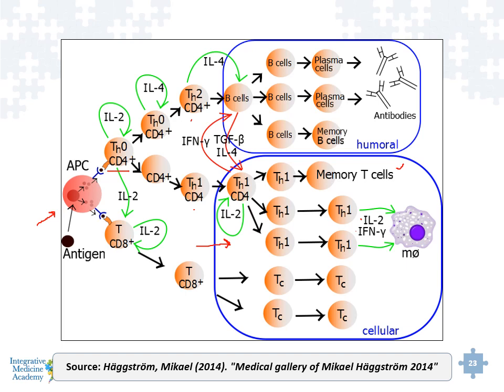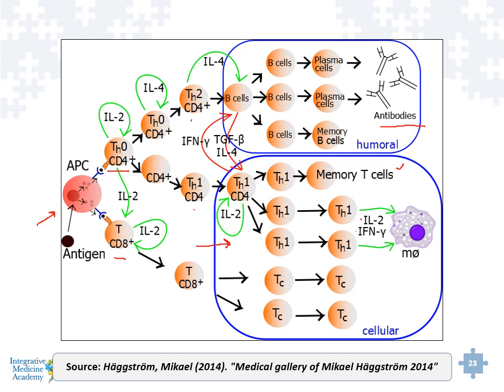It could also become a Th2 CD4 cell, which stimulates B cells to produce plasma cells, which make our antibodies. Interleukin 2 plays a significant role in helping to prime the T helper immune response.